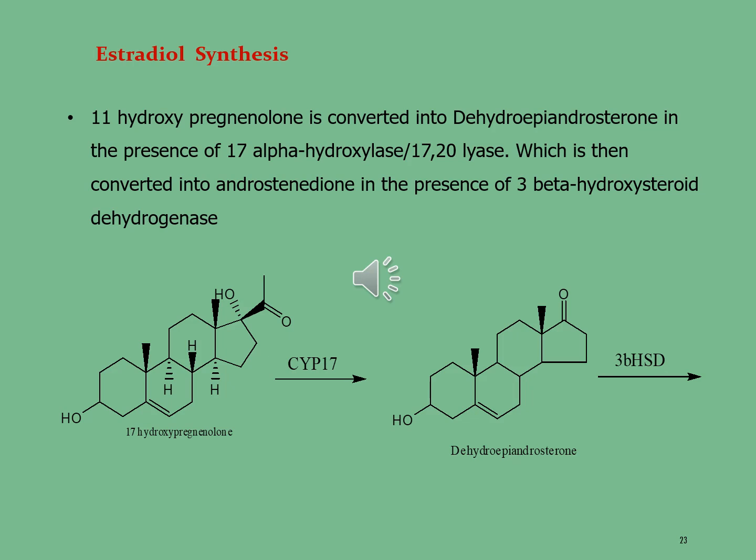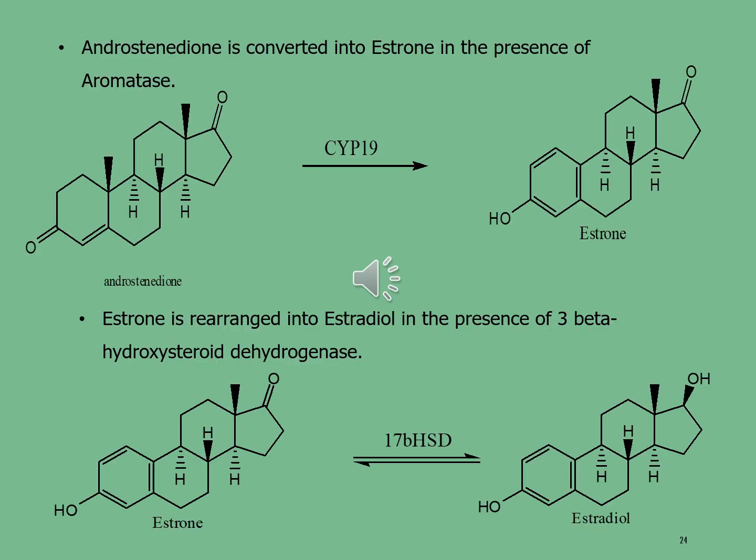So this molecule is known as dihydroepiandrosterone, which is further converted into the next molecule by the effect of enzyme 3-BHSD. In the second step, androstenedione is converted into estrone in the presence of aromatase enzyme, which is abbreviated as CYP19.